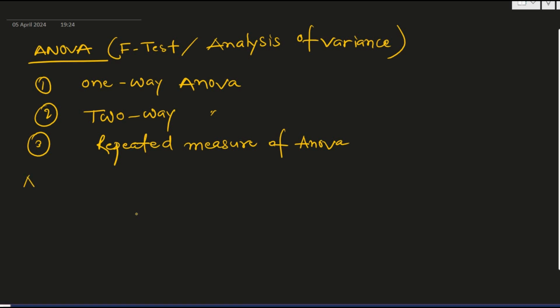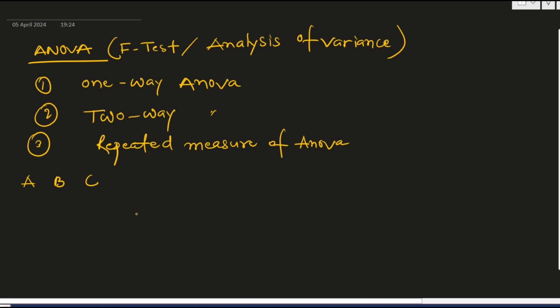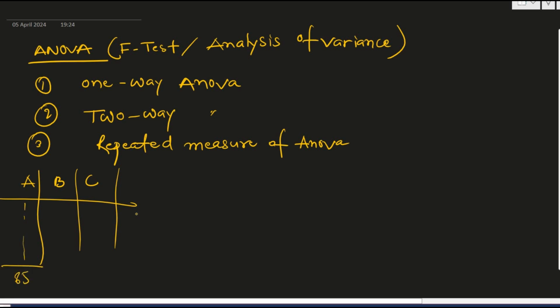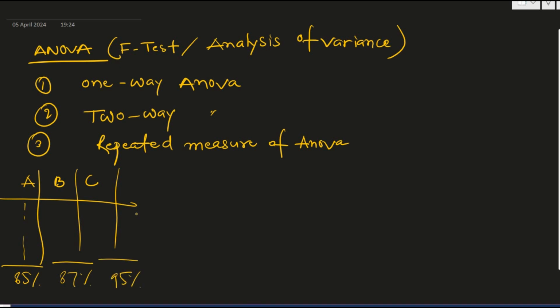Suppose in a city we have three schools: school A, B, and C. Suppose the mean math score for school A is 85%, for school B it is 87%, and for C it is 95%. When we compare the mean values among these independent groups, it will be a one-way ANOVA.